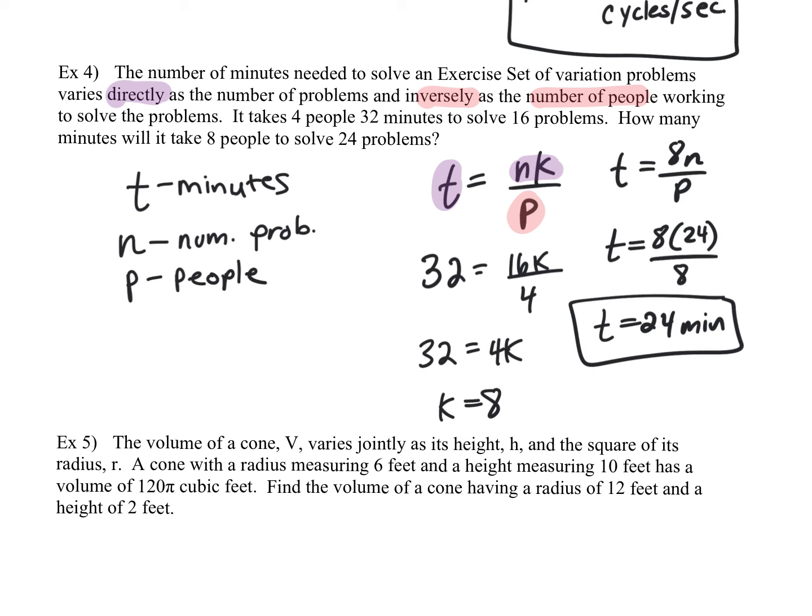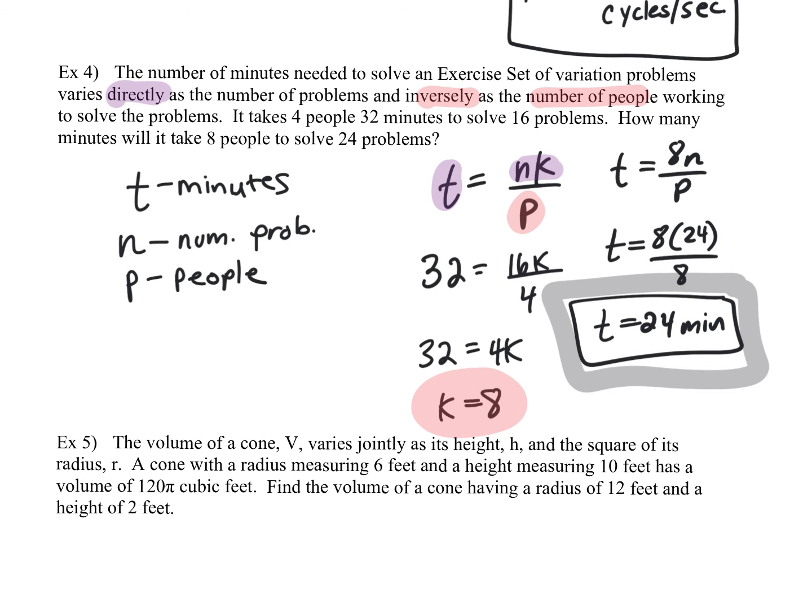Again, we're going to use all that information in the next sentence. It takes 4 people 32 minutes to solve 16 problems. That helps us find k, our constant of variation. Now we're going to use k to figure out how many minutes it will take 8 people to solve 24 problems. We can see that we're just solving a simple equation for a specific variable. In this case, t equals 24 minutes.